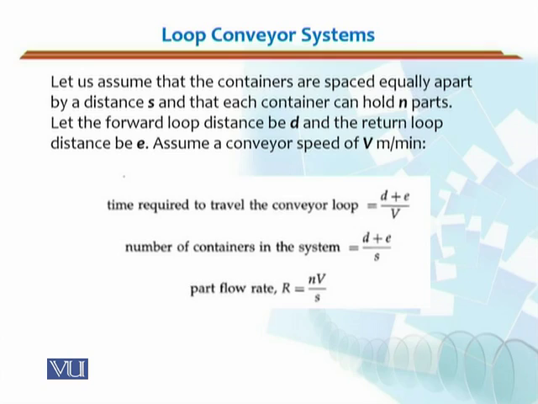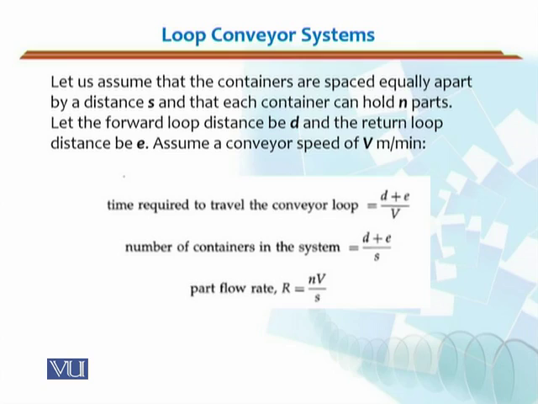The time required to travel the conveyor loop will be equal to d plus e, that is the forward loop distance plus the backward loop distance, divided by the speed of the conveyor. So d plus e over v.